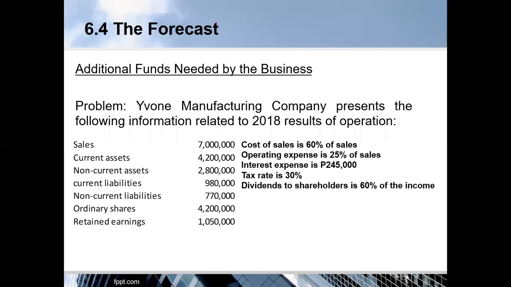Yung tax rate natin is laging 30%. Usually, laging ginagamit is 30%. And then dividends to shareholders is 60% of the income. So meaning, pag sinabi natin yung dividends, ito yung parte, no, na dapat ibigay natin sa shareholders galing sa income.